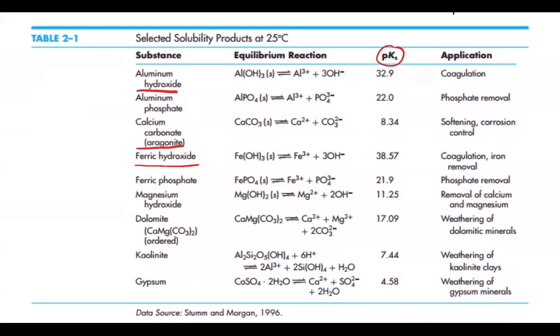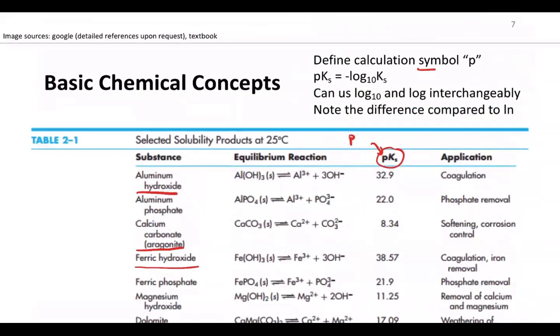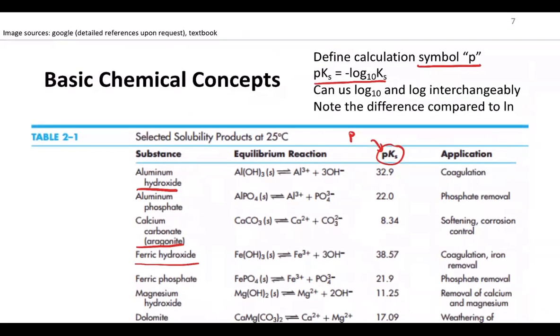You can think of this P here as an operator, okay? As a type of calculation. We define this calculation symbol P as pKs equal to the negative log 10 of Ks. Basically, the Ks or the KSP is the solubility product, and the pKsp or the pKs is just the negative log 10 of this value, right?